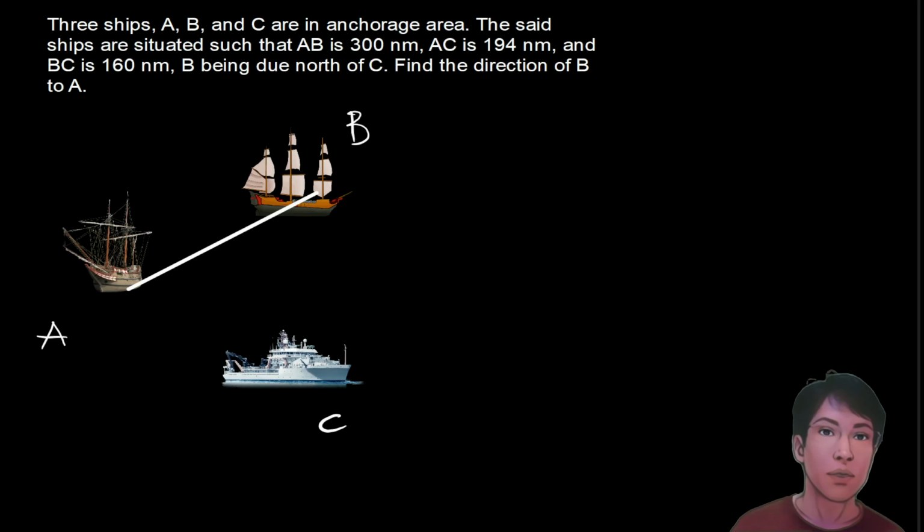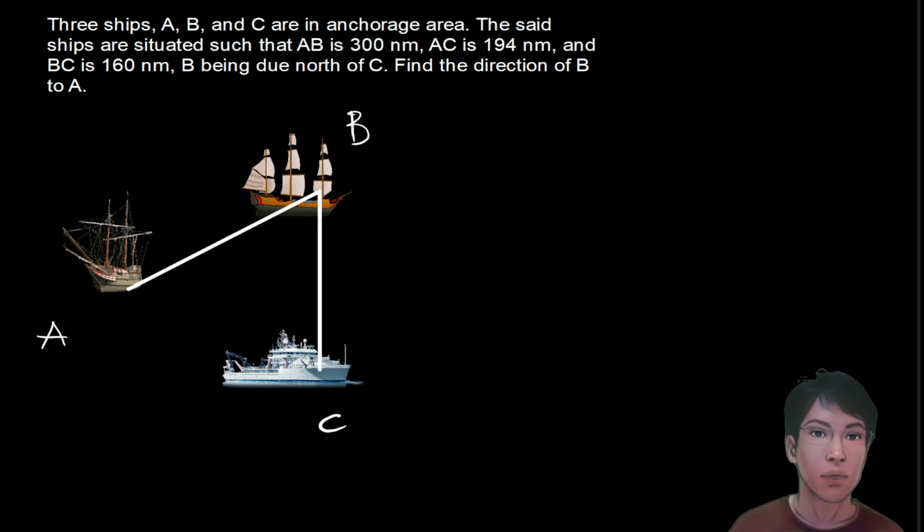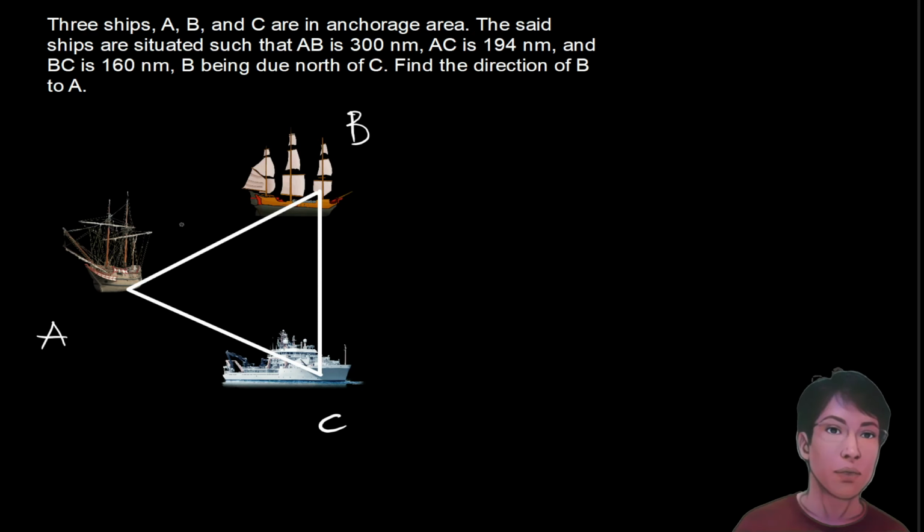So north, straight line. This, and then this. So the question is, find the direction of B to A. So AB is 300, so this is 300 nautical miles. Then AC is 194 nautical miles.